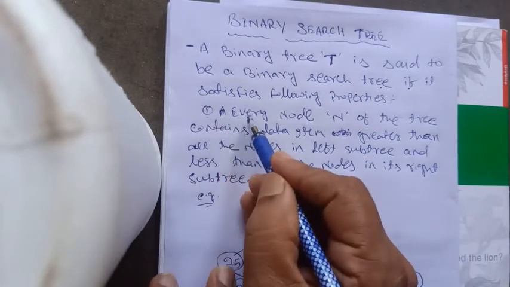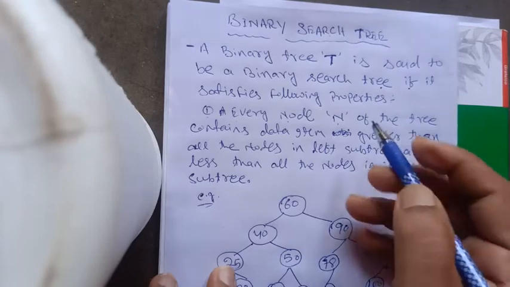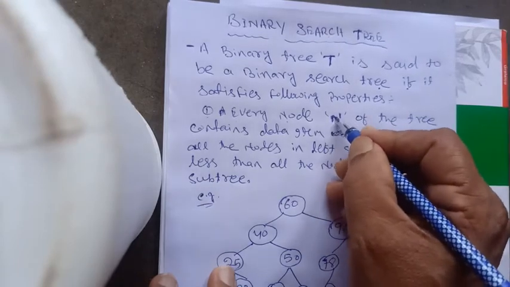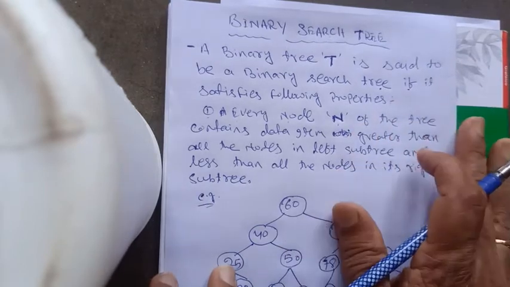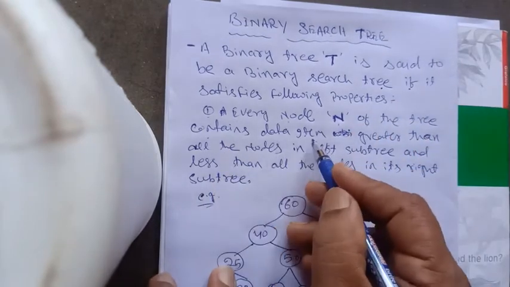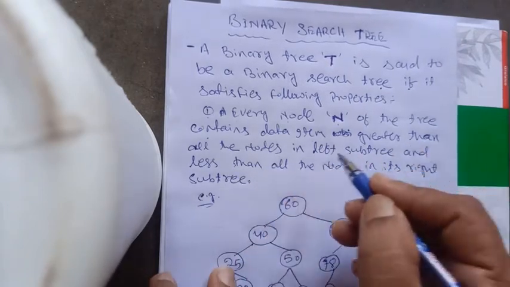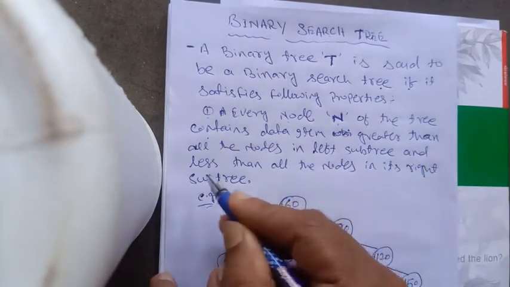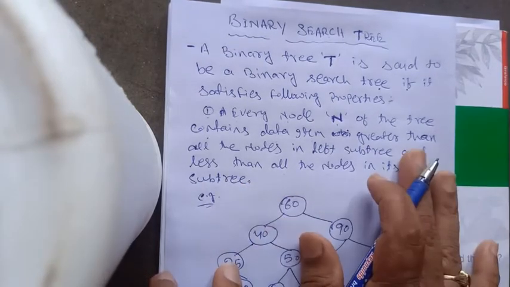The property says that for every node n of the binary tree, each node contains a data item greater than all the nodes in its left subtree and less than all the nodes in its right subtree.